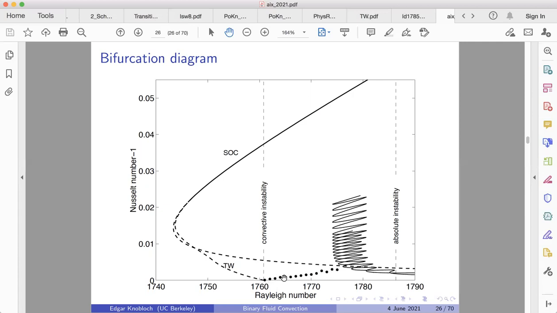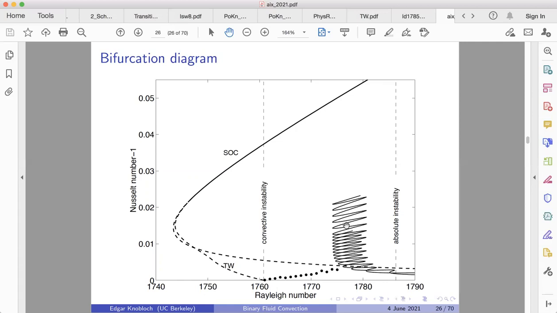And this represents the time average of the heat flux due to the state in this Nusselt number, Rayleigh number diagram. Okay. And the relaxation oscillations we talked about are just over here. And then when I change the Rayleigh number a little bit, I enter this region where I had those stable localized solutions that we saw.